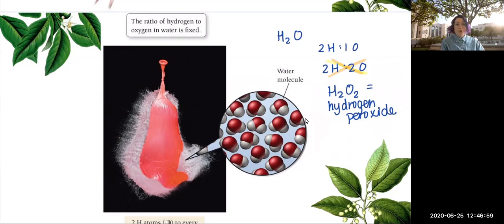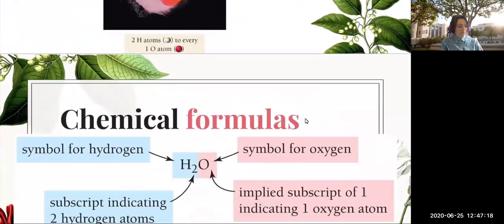If she drank 100% hydrogen peroxide, it would burn her insides out. So definitely be careful of hydrogen peroxide, but I need water to survive. It's these very small differences where you may feel like, oh, it doesn't matter if I write a 2 here or not. It does a lot when we're talking about the way that molecules and atoms are put together.